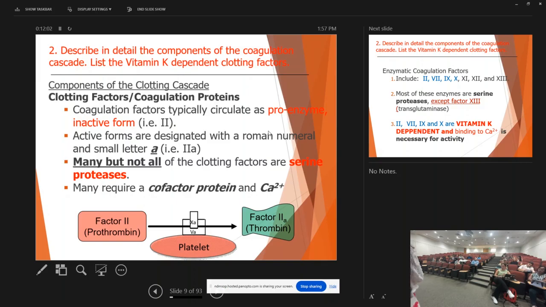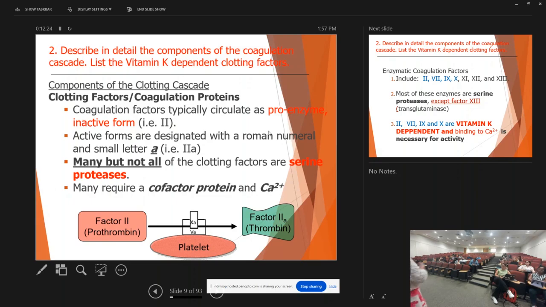When I show you the cascade, you will be able to see how an inactive factor can be converted into an active form, and it's an enzymatic process. The majority of that is enzymatic, and the majority of them are serine proteases. Just one is not a serine protease.